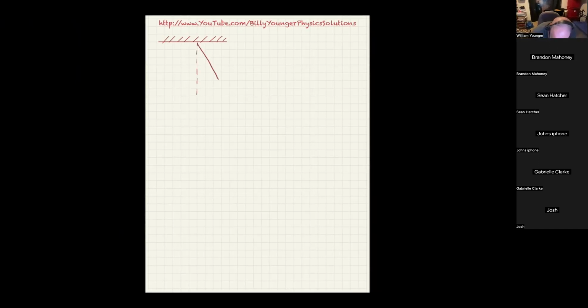We're going to stretch out the string whose length is L. We're going to stretch that out to an angle theta. And in fact, this distance right here is actually L times theta.